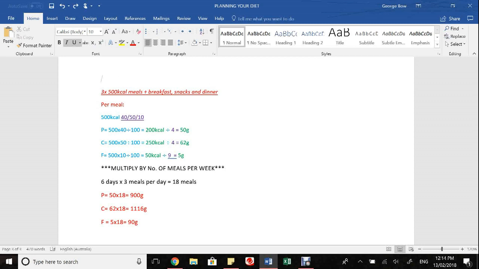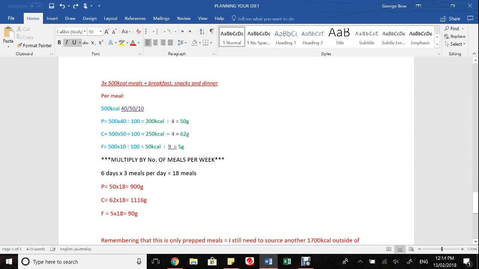So I've got to find this number in that breakfast, snacks, and dinner and things like that. But for the main part, those prepped meals will give me the bulk of my calories, and I know what's going in them. I've prepared them. I know exactly what's in them, so there's no risk there. I know what I'm going to be eating. So my macro split, this number here, is the ratio of my protein, carbs, and fats.